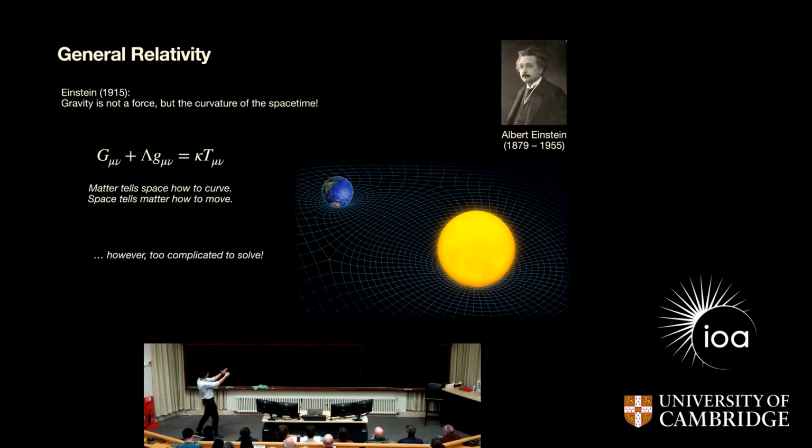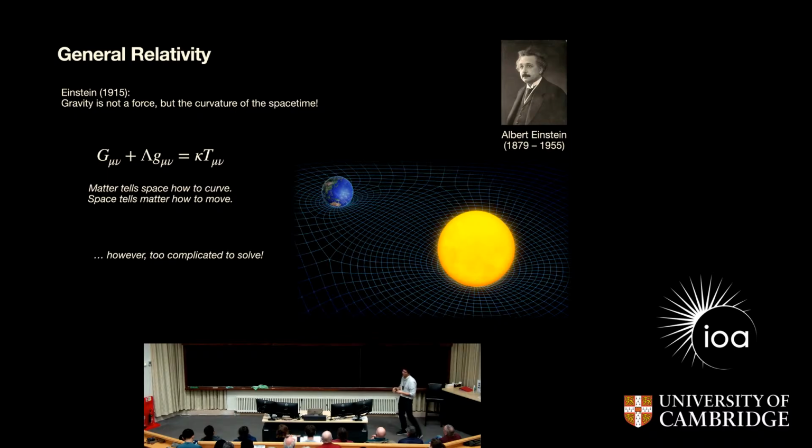And so Einstein wrote this very beautiful and kind of simple equation, as it appears on these slides, where we say that matter tells space how to curve and space then tells matter how to move.